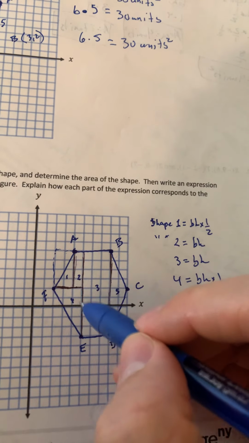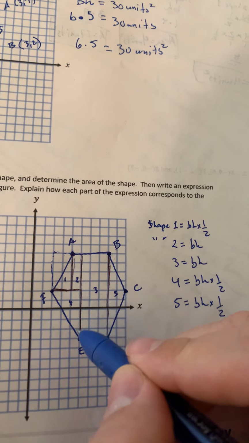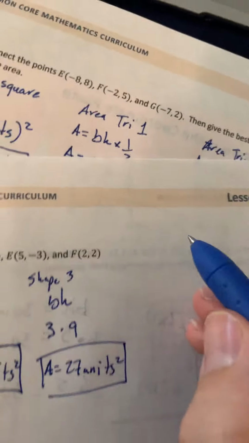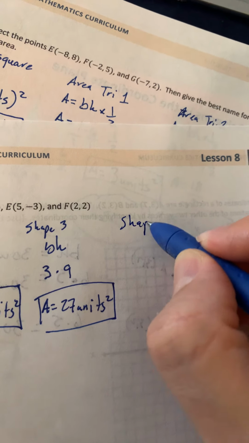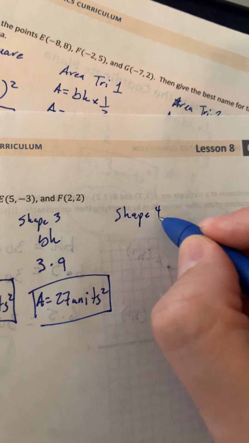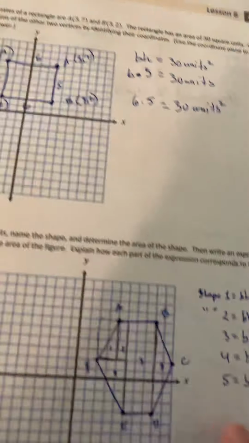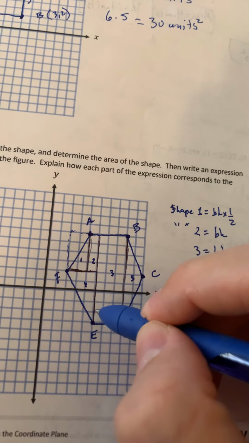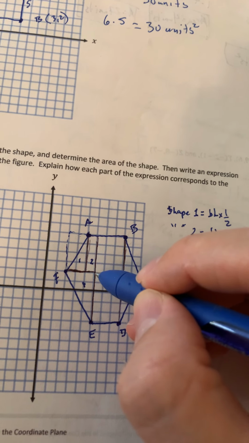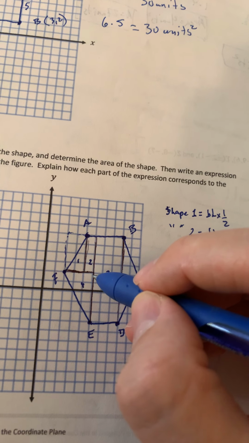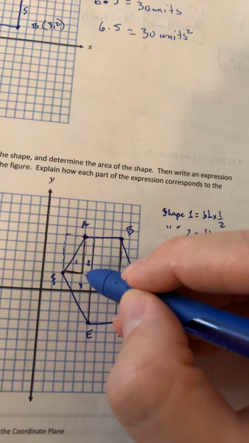Now we're gonna focus on this shape 4, which is a triangle, base times height. So shape 4. Base times height times 1/2. Okay, so let's see what the base is. So it's 1, 2, 3, 4, 5. Okay. And the height is 1, 2, 3.